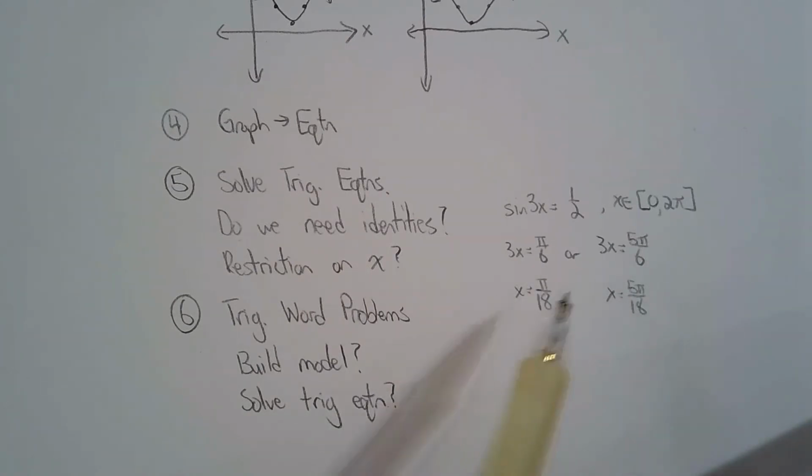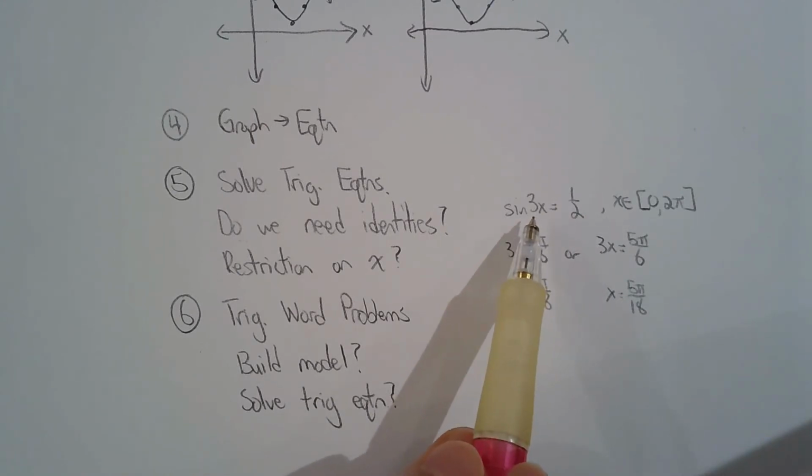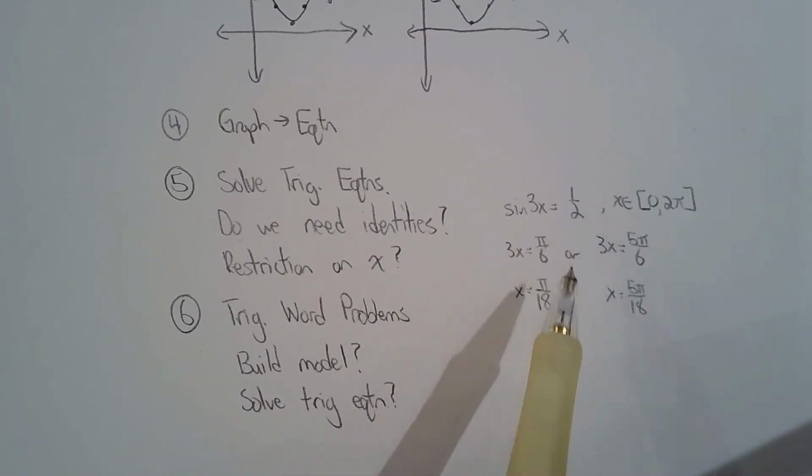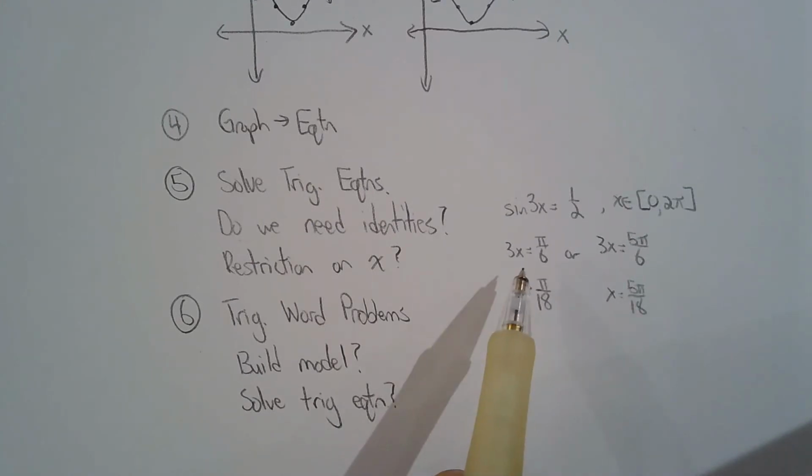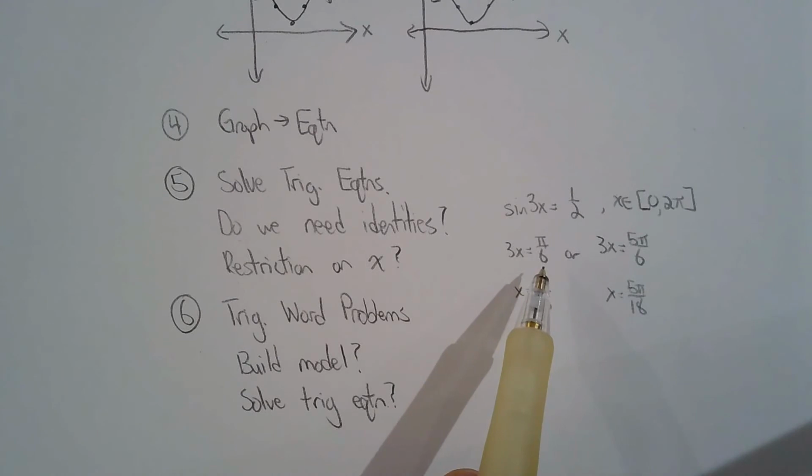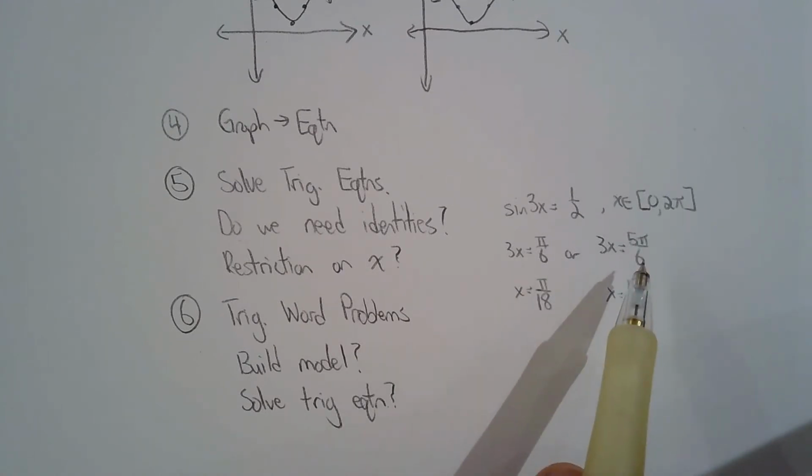If you look in my lessons, you'll see that whenever I see a 3x or anything x, I'm going to study the coterminal angles. So I would write 3x equals pi over 6 plus 2k pi, or 5 pi over 6 plus 2k pi. You know what? I'll just write it for you.